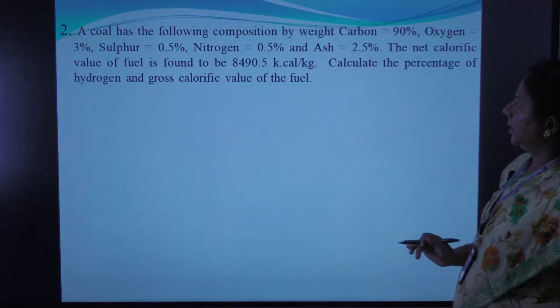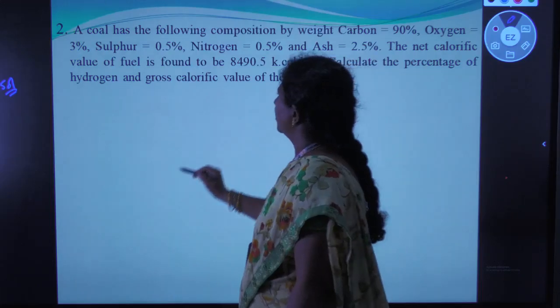Next problem. A coal has the following composition.